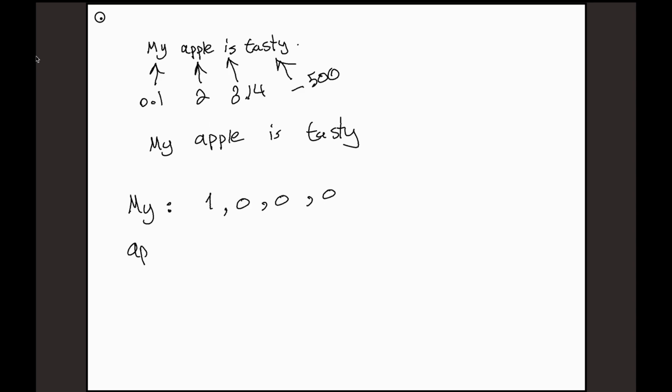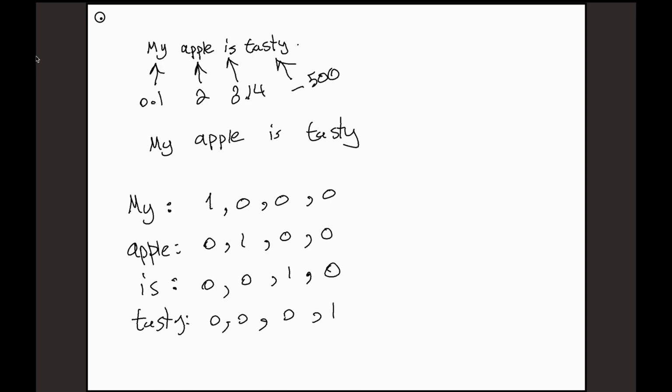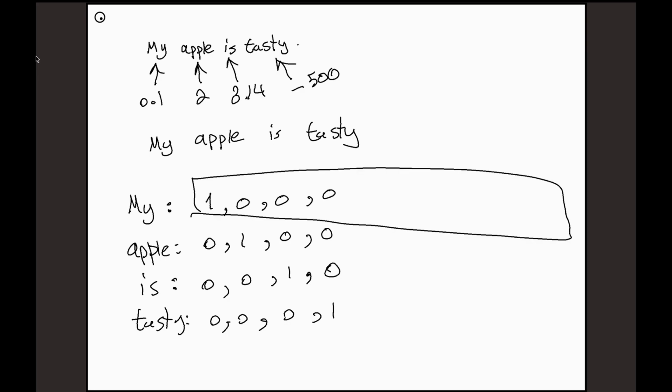Then for "apple," for "is," and lastly for "tasty," you have the 1 in the corresponding position. That's one-hot encoding. It's possible, but in a dictionary, you may have a few 100,000 words. If you have n-grams, it can easily exceed millions. So it's not quite efficient to create such large sparse vectors that we want to deal with. So none of these are very intuitive.